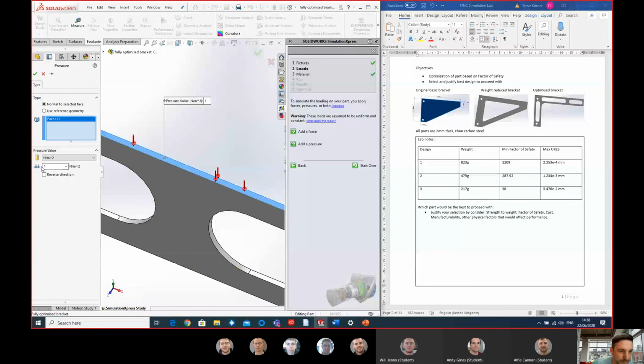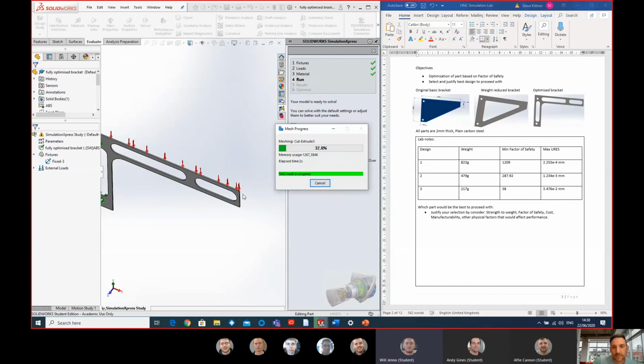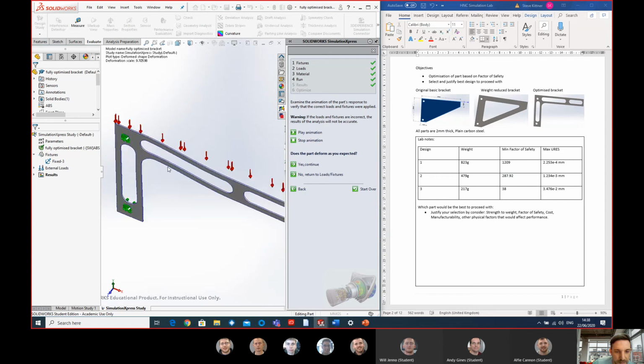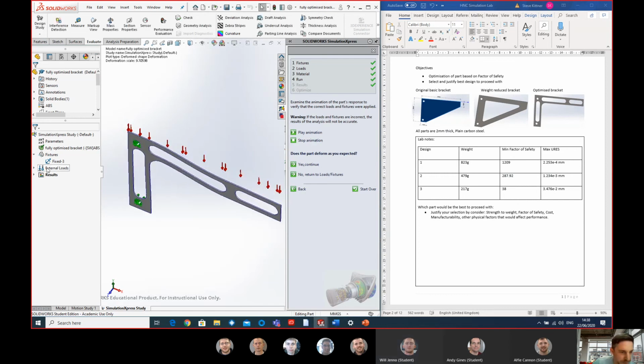Okay, so it's showing a deformation again, which we expect. Oh, it's not come up with a factor of safety.